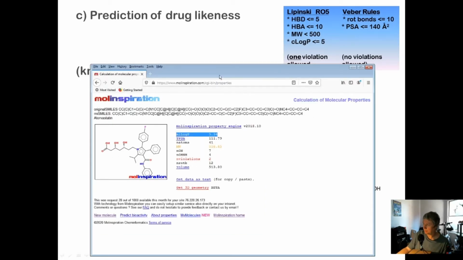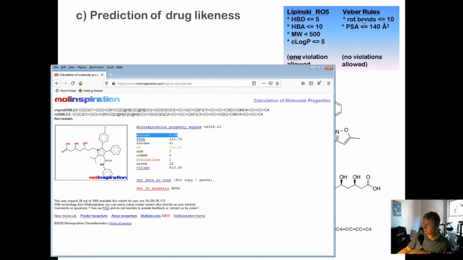Okay, and then let's take a look at the Weber rules, and the rotatable bonds should be less than or equal to 10. The computer says 12. Let me see if I agree with 12.